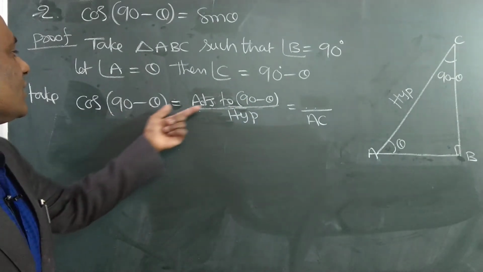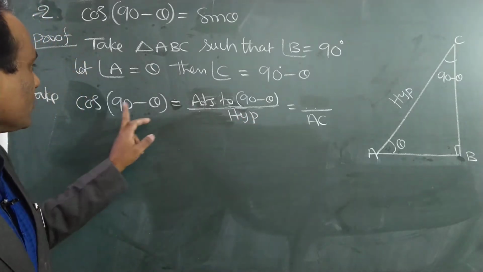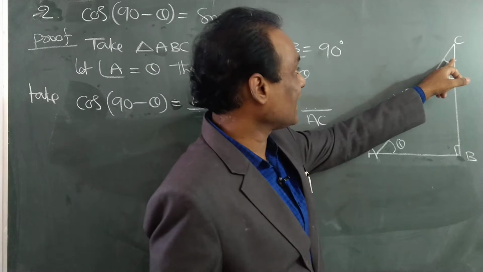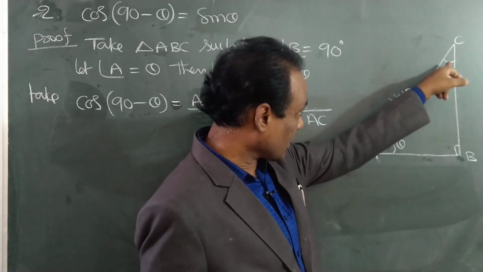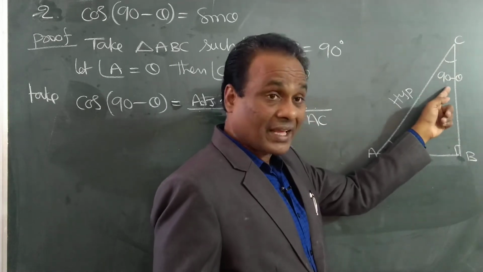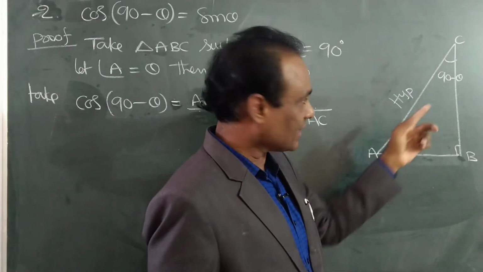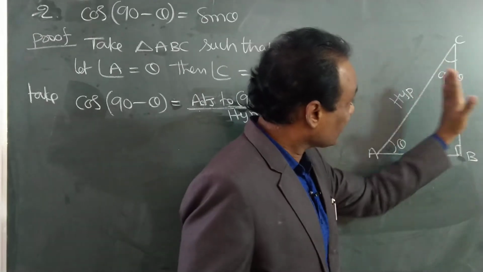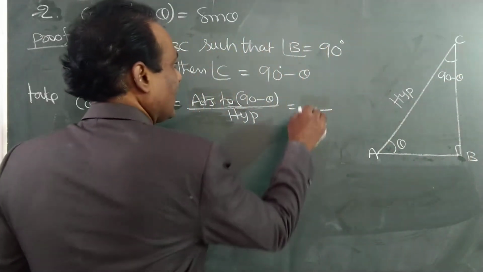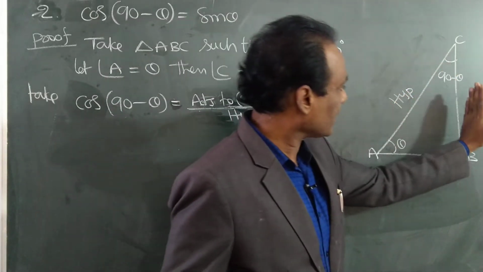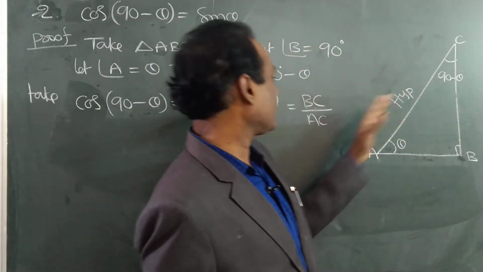For this angle, AB is opposite and the adjacent is BC. Hypotenuse is the same, AC.